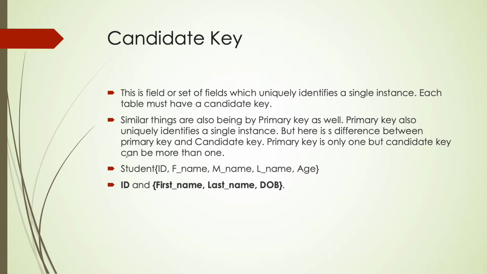But in the case of candidate keys, we can say that there can be id as one candidate key, and another candidate key with first name, last name and date of birth. So this is the major difference. Primary key can only be one, but candidate key can be more than one.